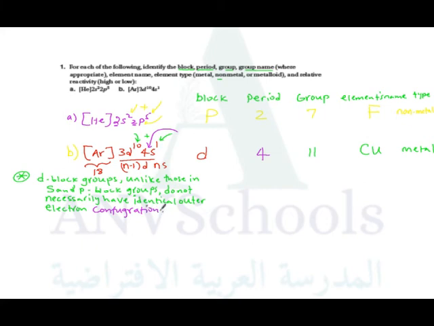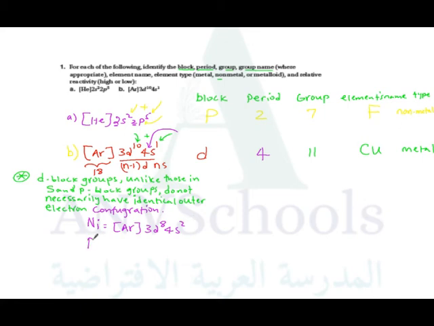We can mention examples. If we have nickel, the electron configuration is argon 3d8 4s2.